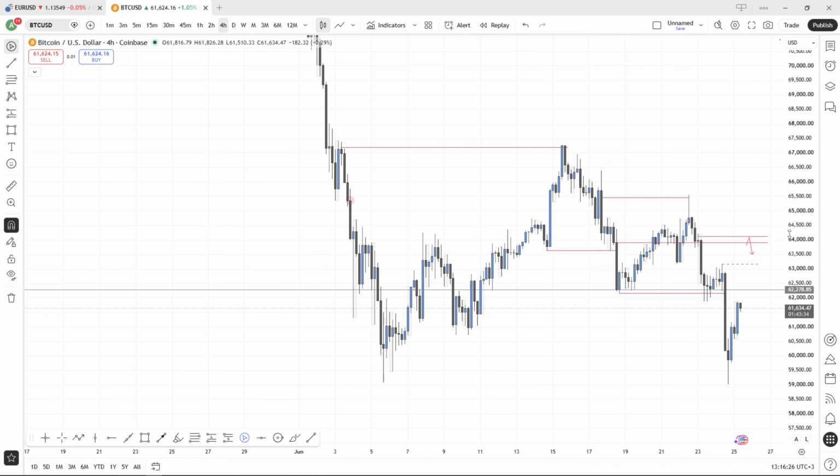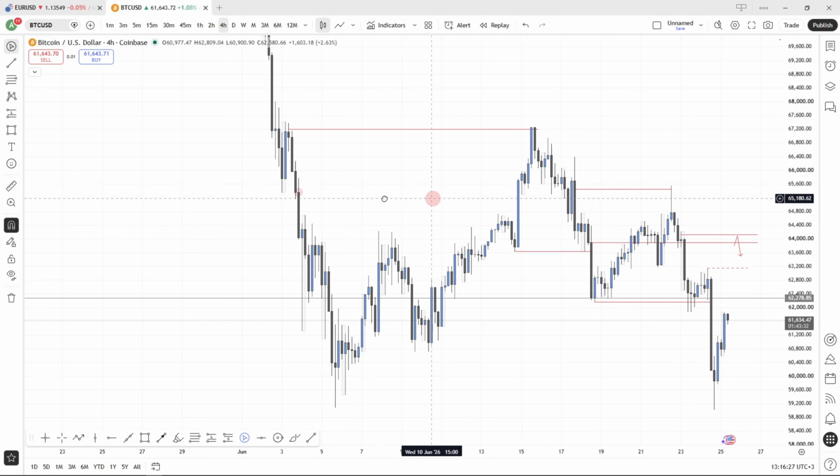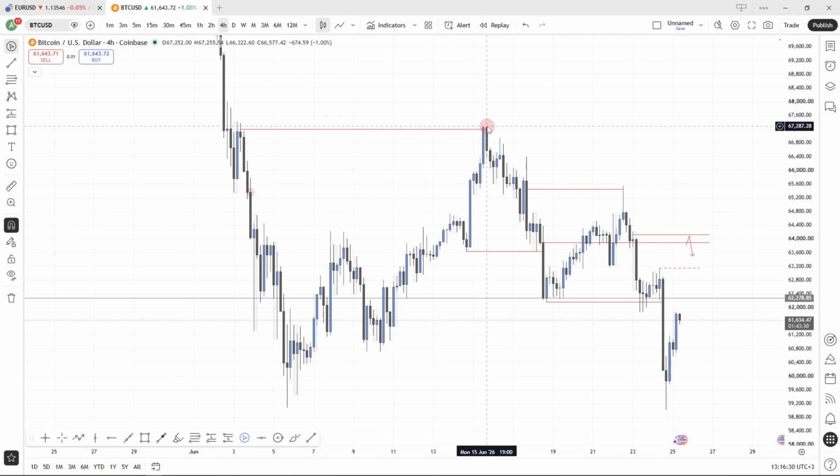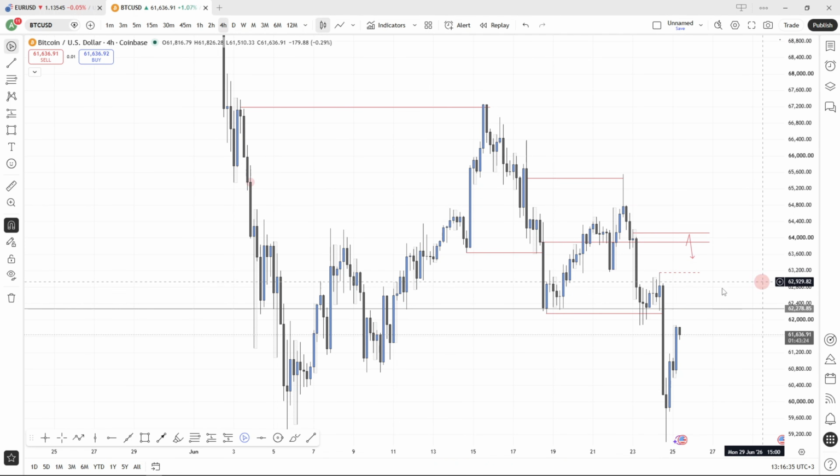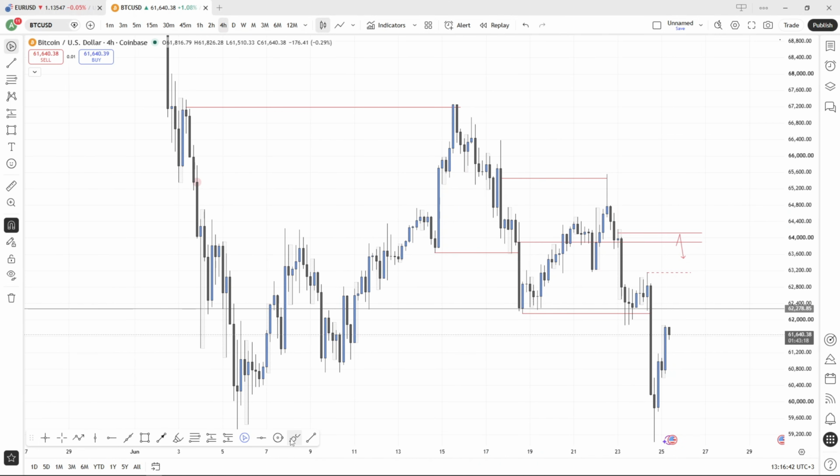I'm trying to figure out. Yeah, exactly, on the fours. So on the fours, this is still the weekly level that is being rejected. So where is our first break of structure from this area? I didn't mark it because this is a rejection.